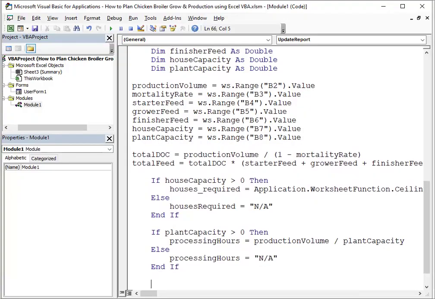Then next, we're going to update the worksheet by ws.Range.